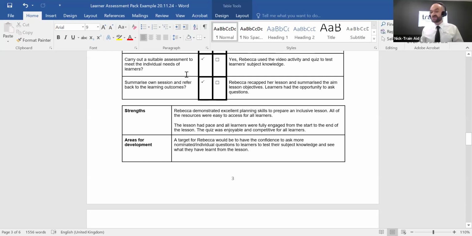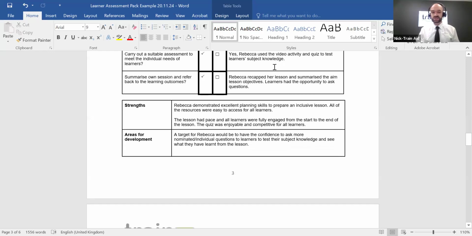Did the learner carry out a suitable assessment to meet the individual needs of learners? I put yes. Rebecca used the video activity and quiz to test learners' subject knowledge as well. So it's a very good initial assessment and formative assessment approach utilized there.